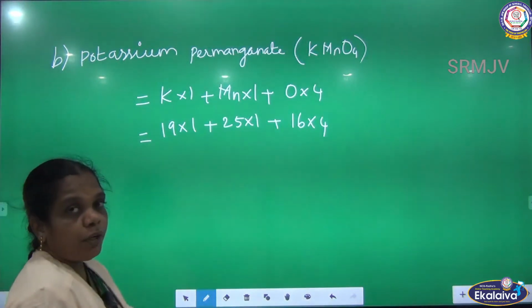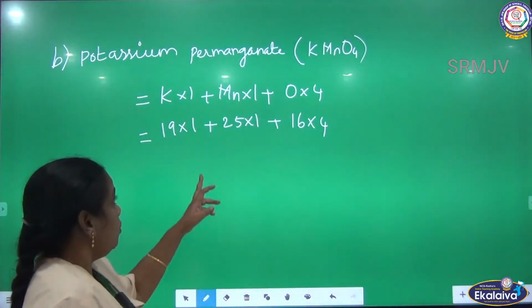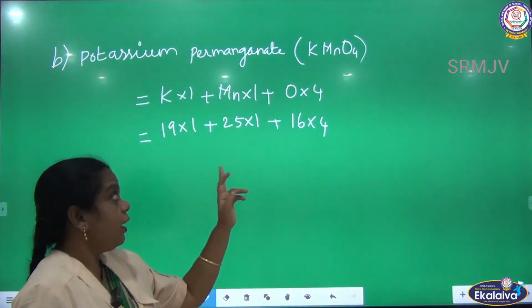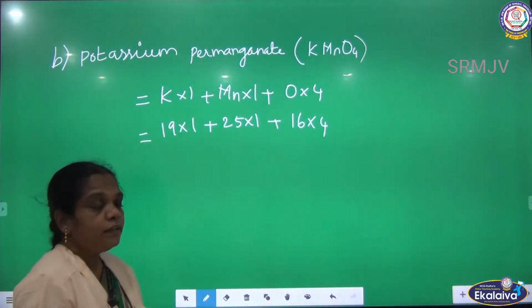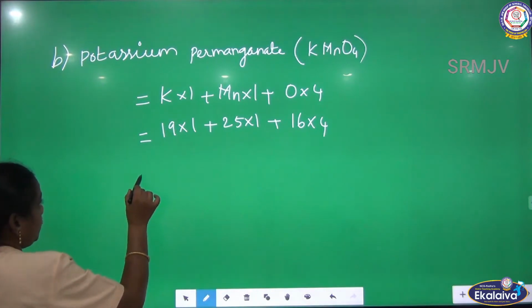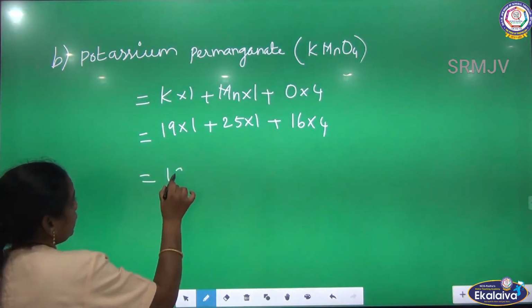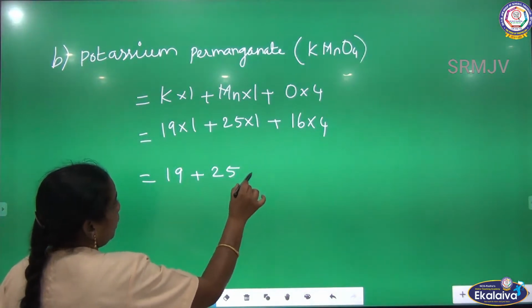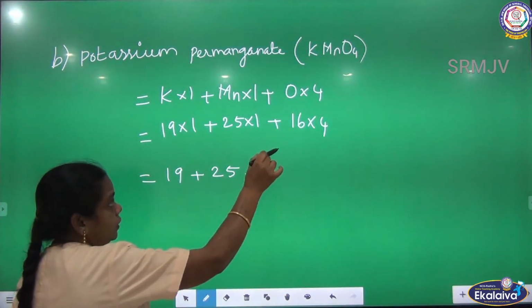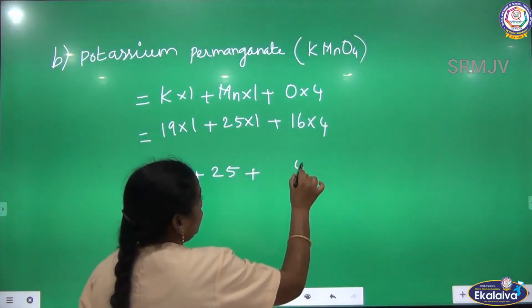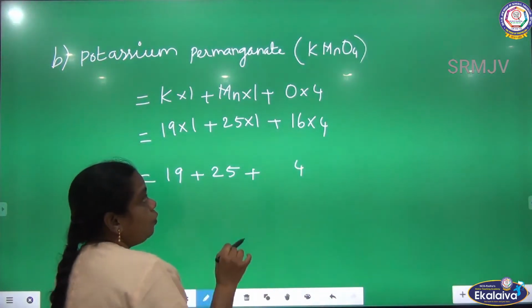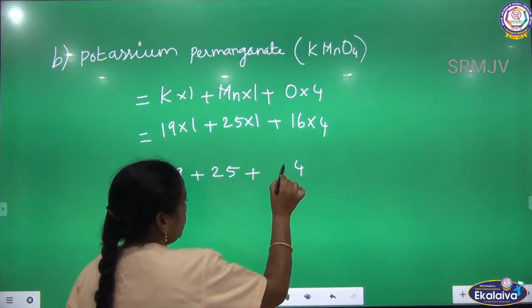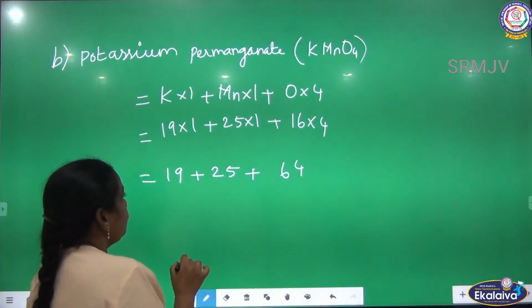So the mass of potassium 39, mass of manganese 55 and oxygen 16. Now multiply this. 1 39 is 39, plus 1 55 is 55, plus 4 into 16. 6 4s are 24, remainder 2, 1 4 is 4 plus 2, 6, 64.